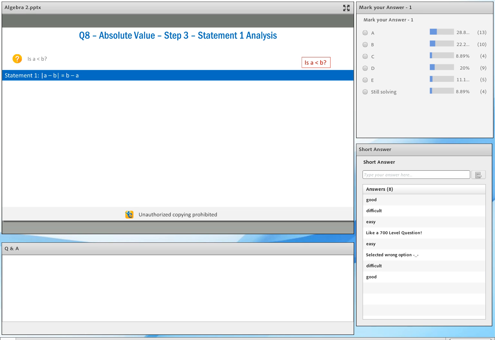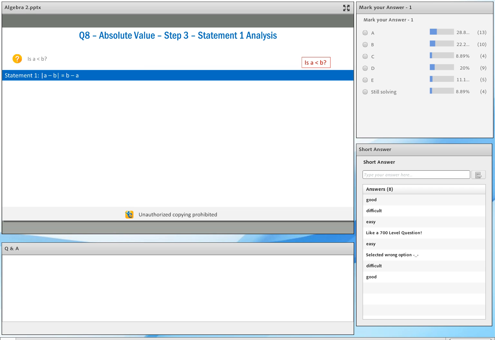Mod of A minus B is equal to B minus A. Now if you observe this, mod of some number is equal to B minus A. So what does that tell you about B minus A?